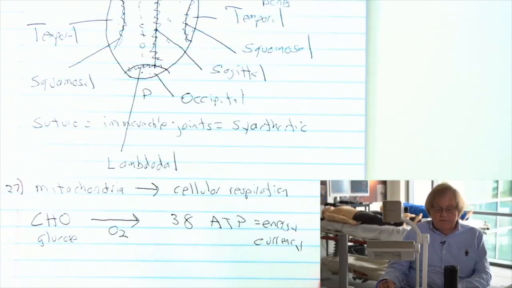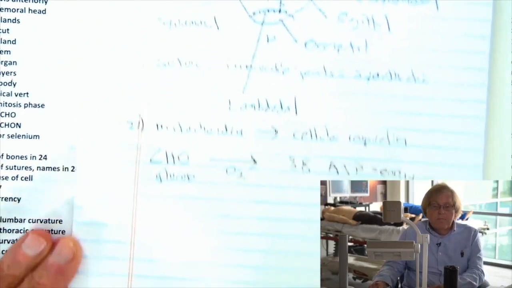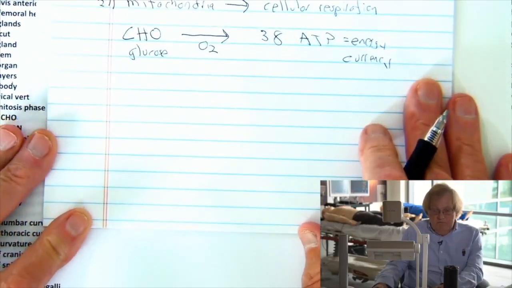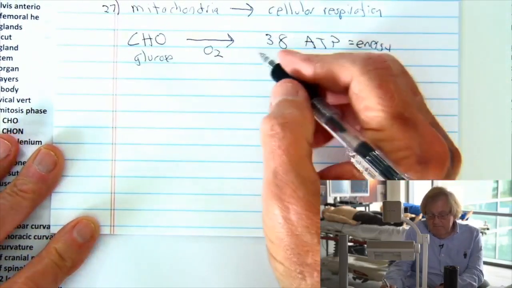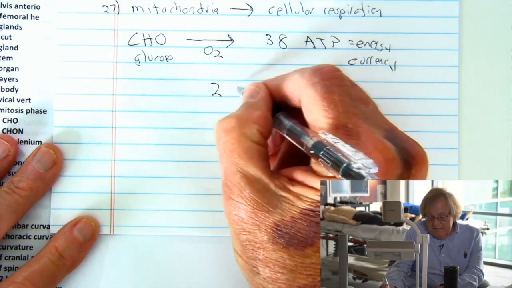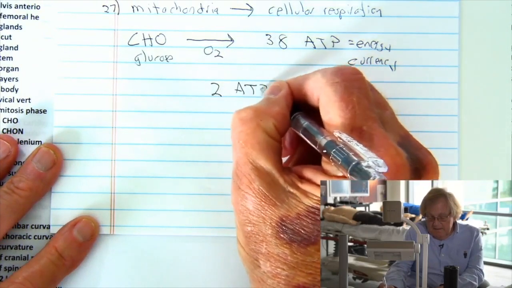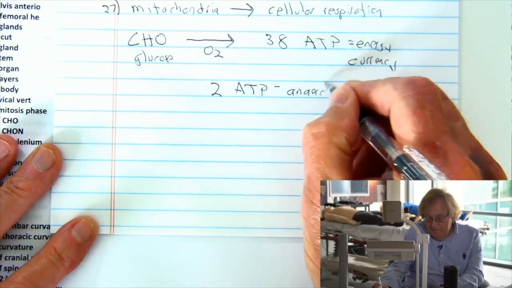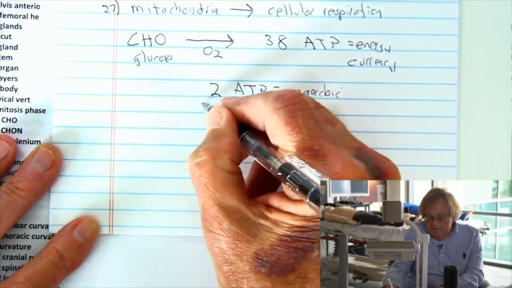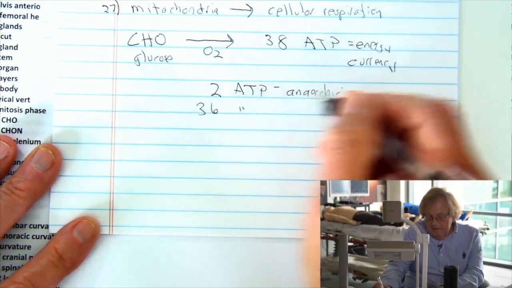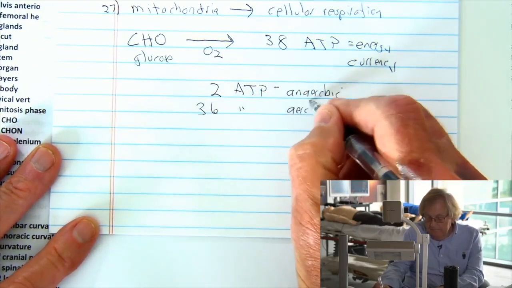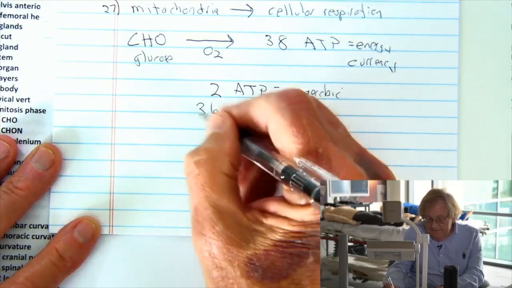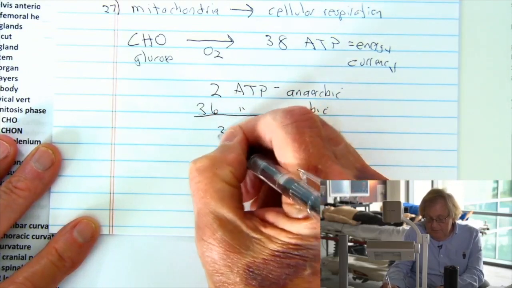And so now if we just break that down a little bit, if we've got 38 ATP, 2 of those ATP are going to come from anaerobic respiration. 36 of those ATP are going to be from aerobic. And therefore together they add up with 38.